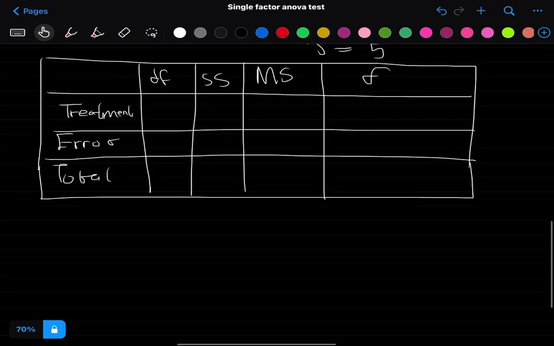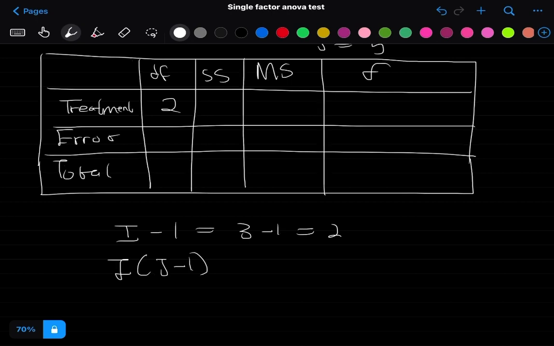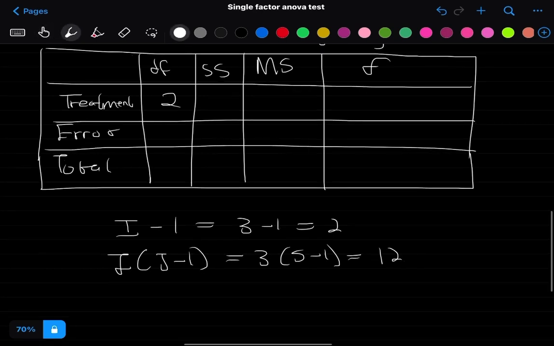Now, let's get started. The formula for the degrees of freedom for the treatment is I minus 1. So in this case, it's going to be 3 minus 1, which is going to be 2. Therefore, write it here, 2. Now, the formula for the degrees of freedom for an error is I times J minus 1, which is 3 times 5 minus 1. 5 minus 1 is 4, so that is 12.